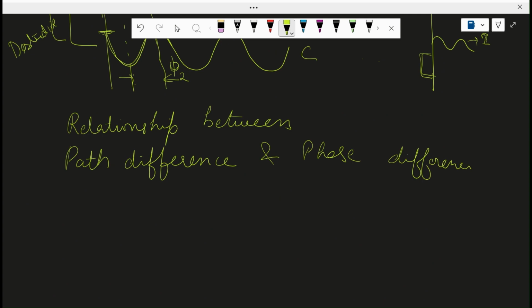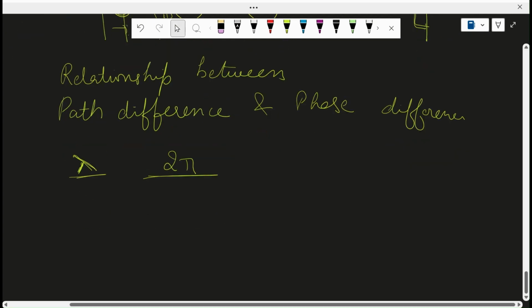Suppose the complete wavelength is lambda, right? And for this, the phase is just 2 pi, right? So when lambda length is traveled, suppose the phase is 2 pi.